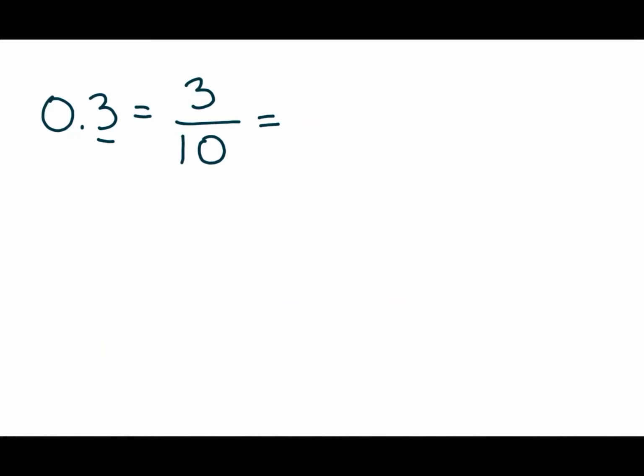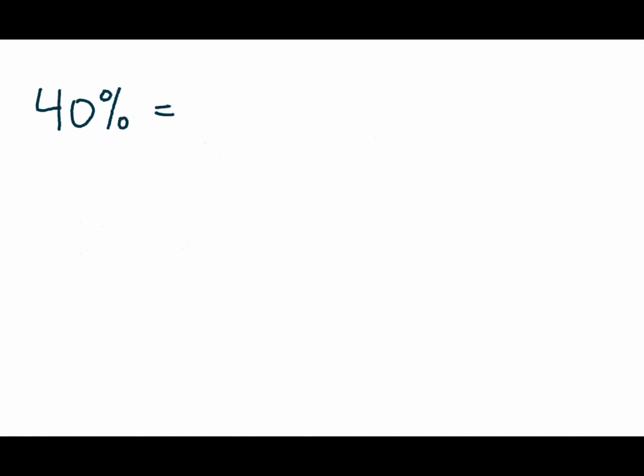And then to turn that into a percentage, we can simply take our decimal, and we add a 0 there. So it's 30 hundredths, which makes it 30%.